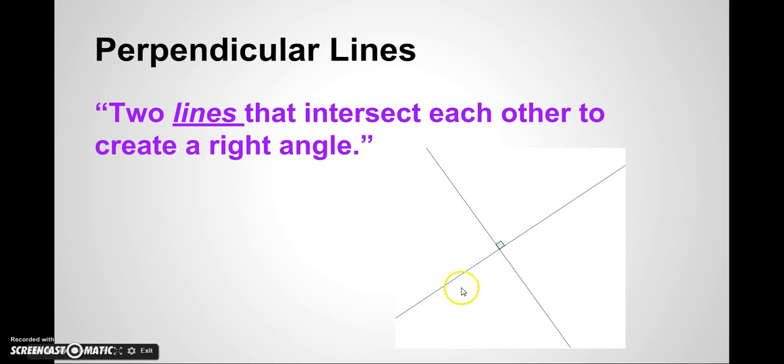Perpendicular lines are special in that they form a right angle when they intersect, and not all lines can do that. You can see the right angle right here. In class we'll find out how not only is this angle a right angle, but the other three angles formed here are also right angles, and we'll be able to prove that too.